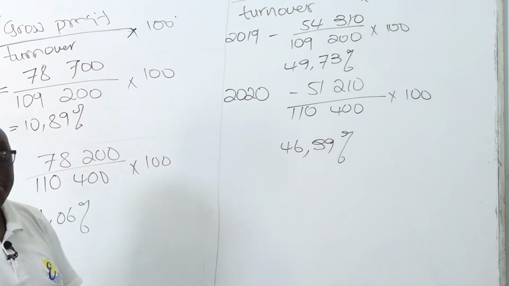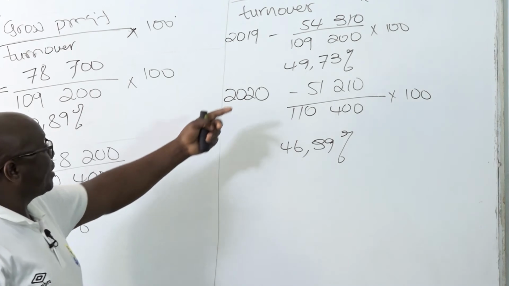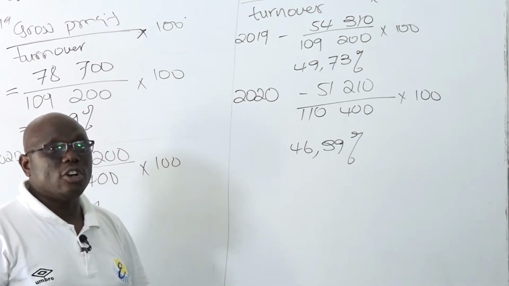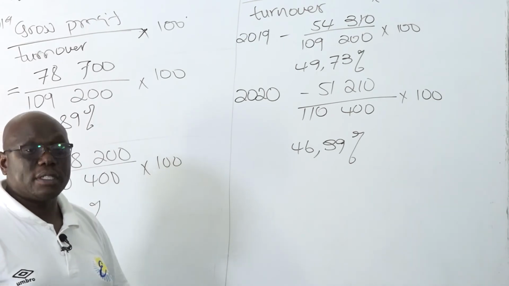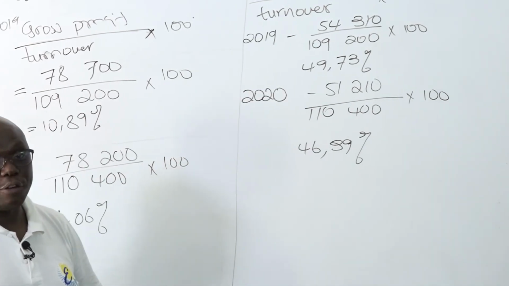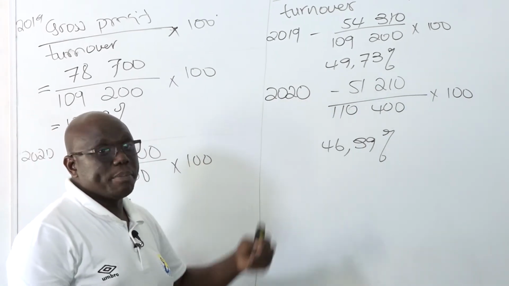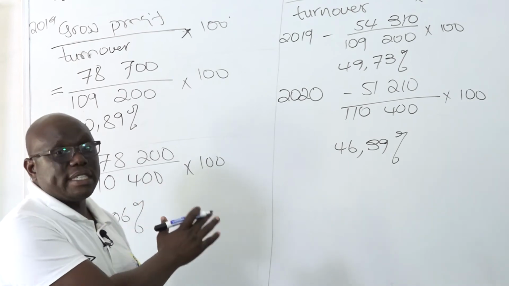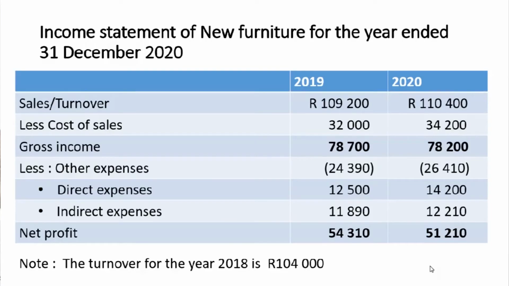It means our net profit has decreased. This business is not performing well, because the net profit drops. That is how we measure the performance of the net profit.